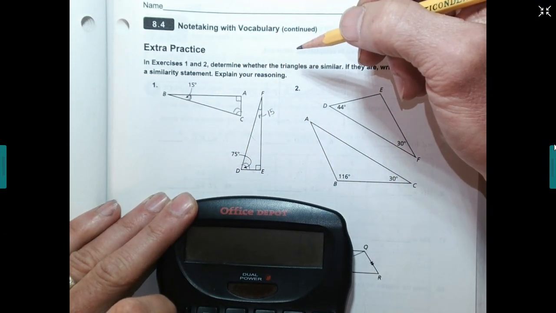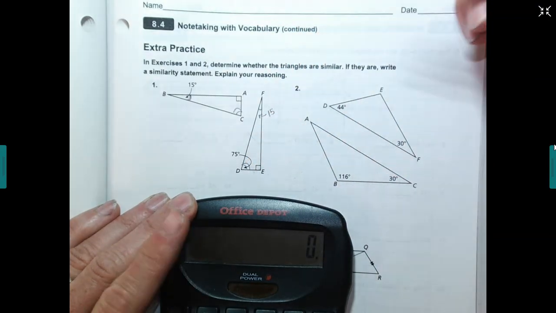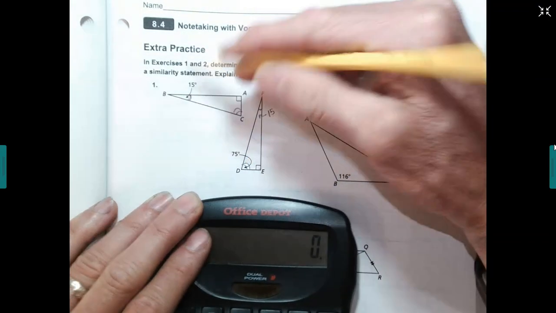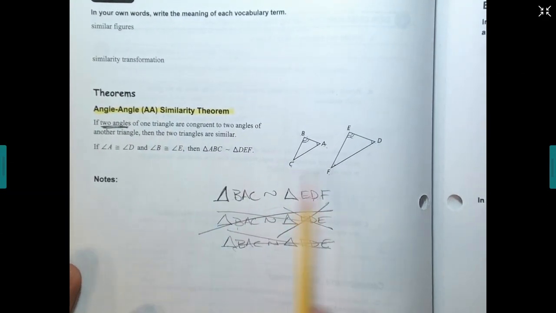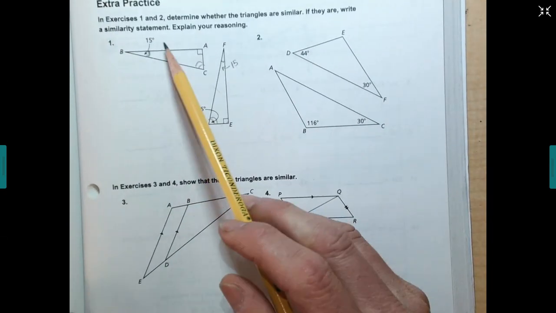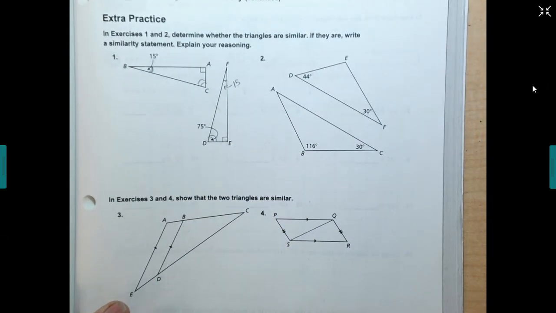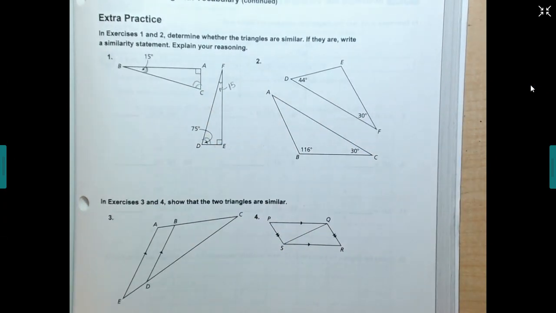Yes, in fact, they are similar triangles because all three angles are the same, but we also know that two angles are the same. We just learned that if we have any two angles that are the same, we have similar triangles. Please remember I'm talking about angles and not side lengths.